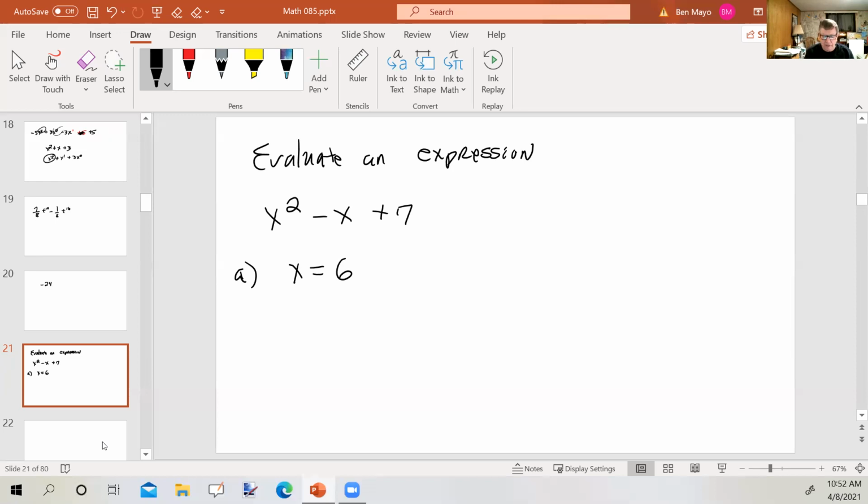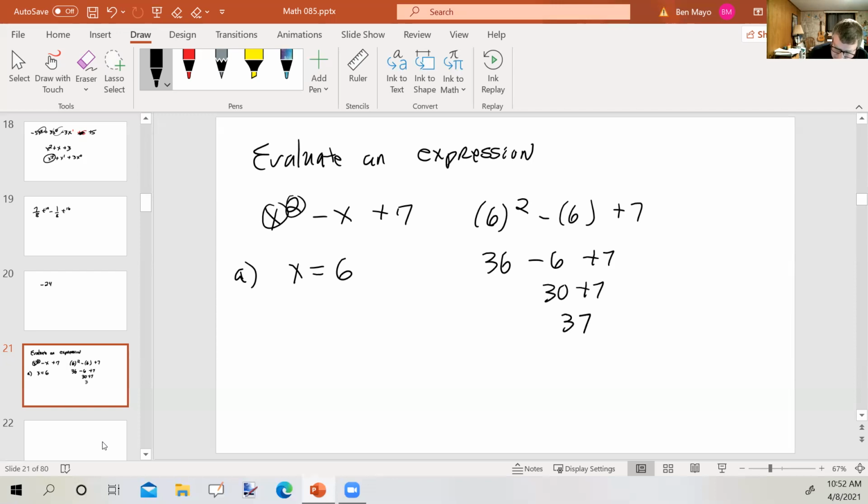We take the expression and replace every x with a 6. So this becomes 6 squared minus 6 plus 7. We're squaring the x, so now we square the 6. Simplifying further, 6 squared is 36. 36 minus 6 is 30. 30 plus 7 is 37. So the value of this expression when x equals 6 is 37.